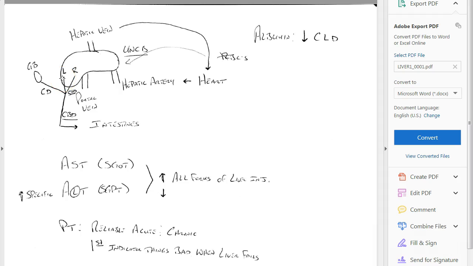So, first and foremost, let's talk about the role of the portal vein right here. The portal vein is going to carry nutrients and blood from the GI tract to the liver.